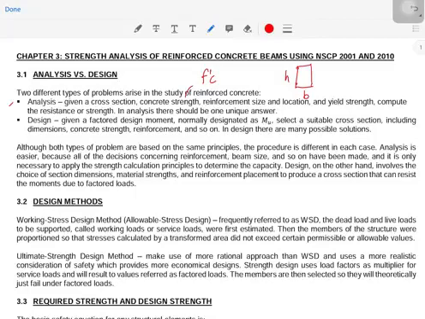Then also we have the reinforcement size, the diameter of the bar. Then we also know the location, either on the compression or the tension side. Then also the fy, or the yield strength of the stirrups and the main bars.